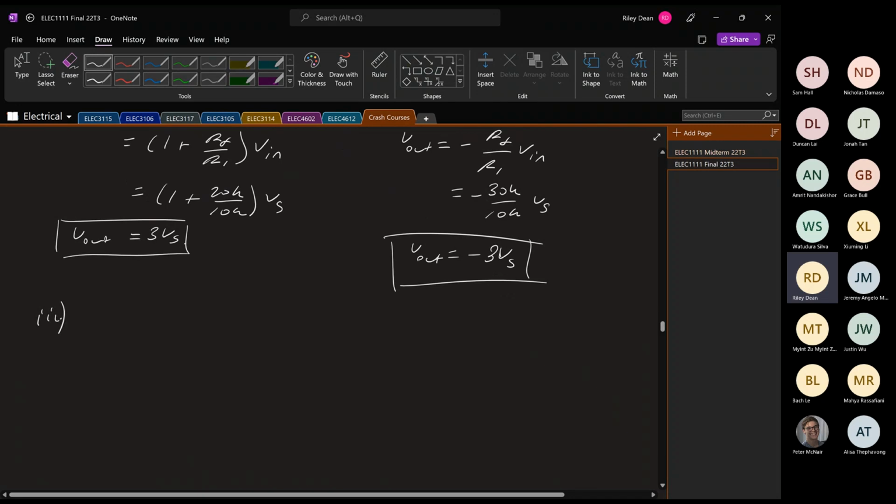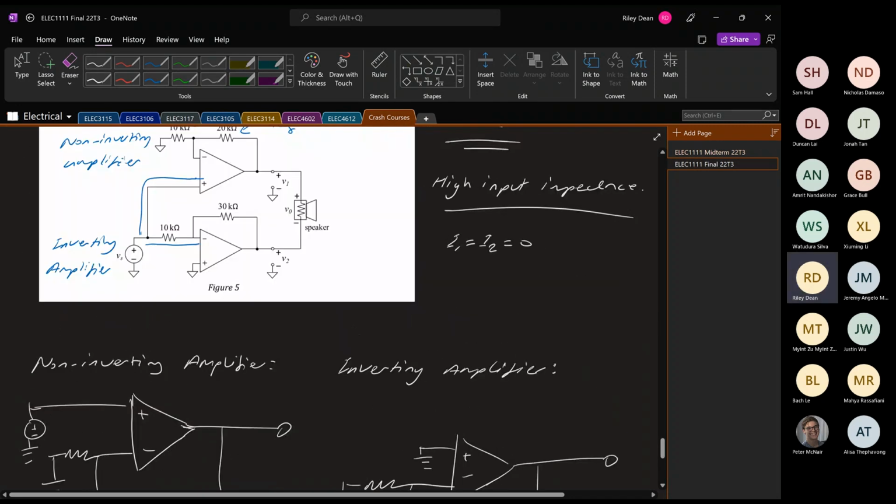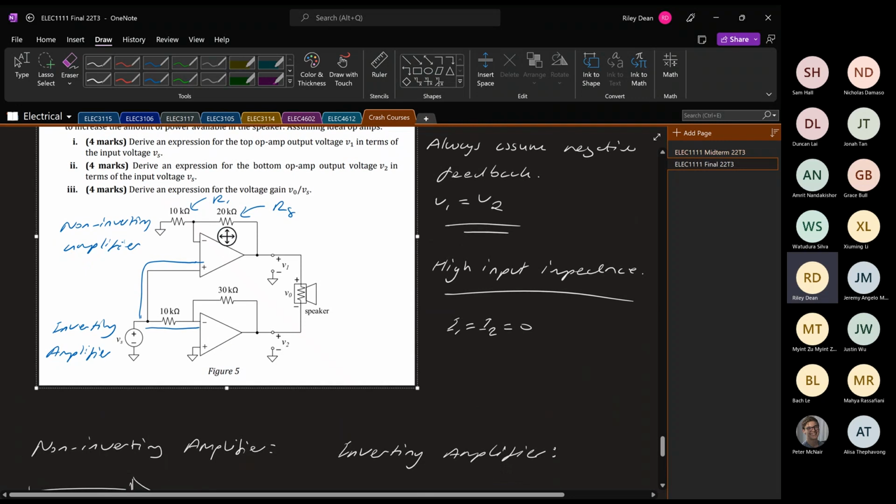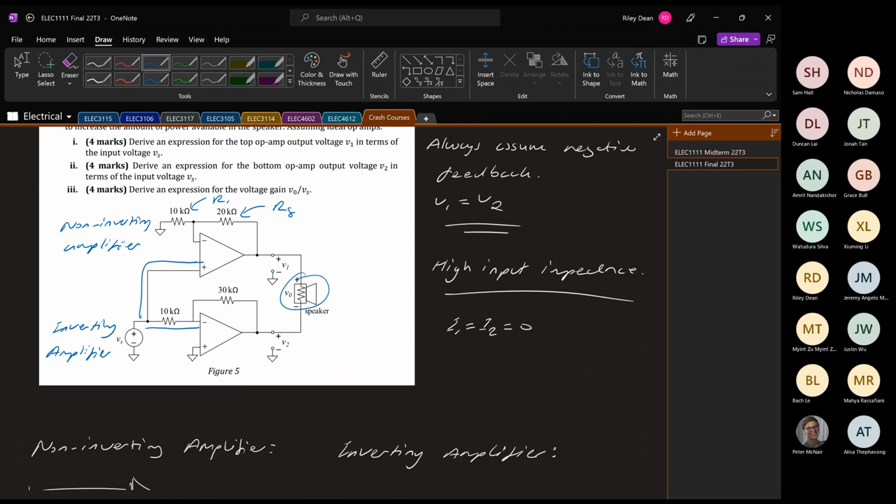And lastly, we just have to look at what is our voltage V0. The way to view what the voltage across this speaker is to actually just take the difference in this voltage V1 and the voltage V2. And what we see, we know that V1 is equal to 3Vs, V2 is equal to negative 3Vs.